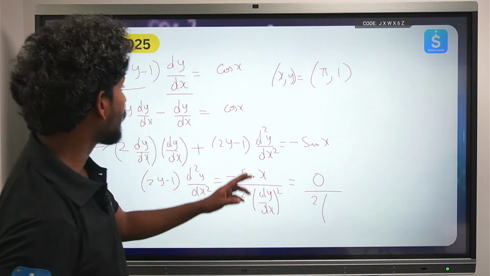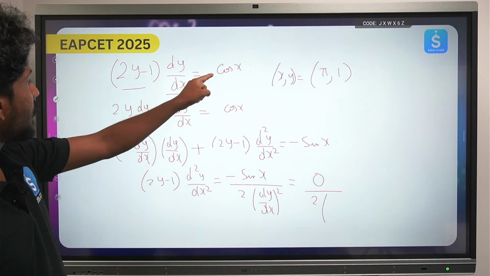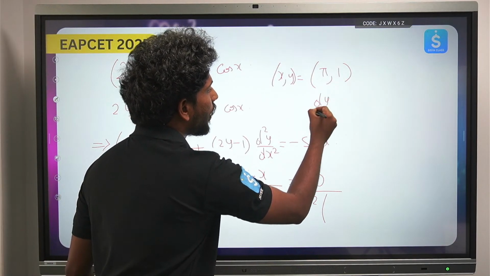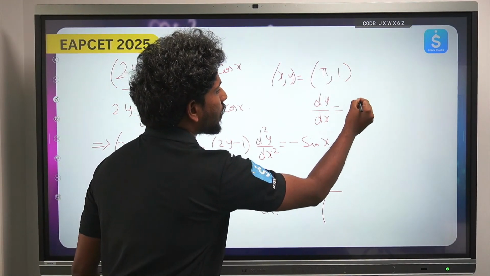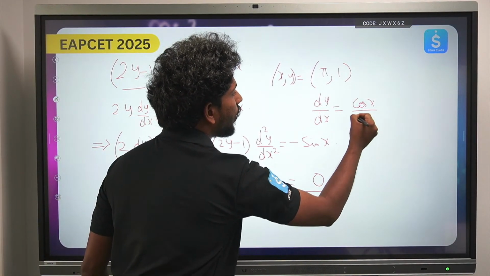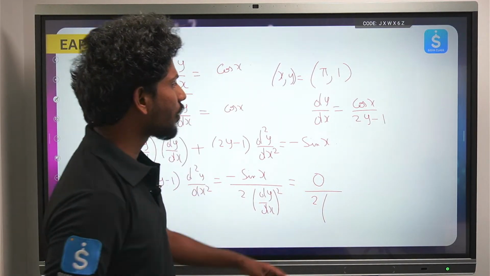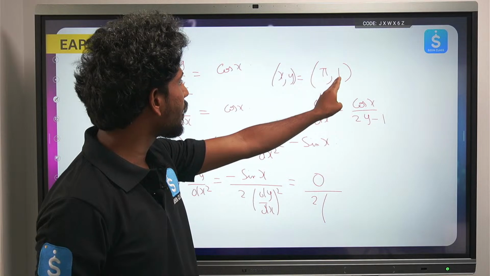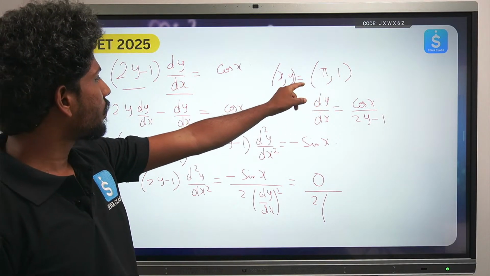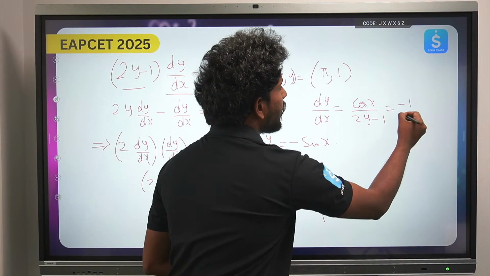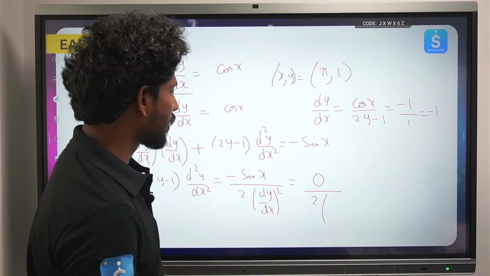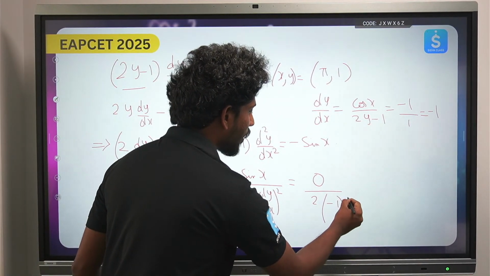So for dy by dx, we already have dy by dx is nothing but cos x by 2y minus 1. If you substitute cos pi, it is equal to minus 1, and 2 into 1 minus 1 is 1, so this is minus 1 whole square.